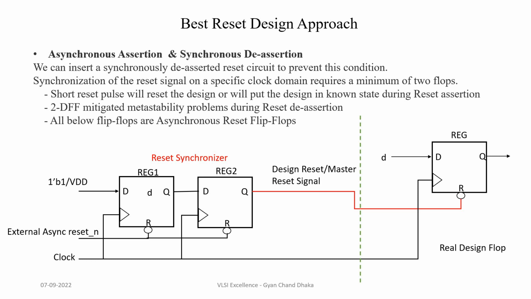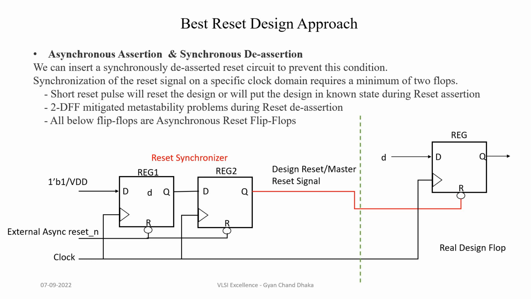So the reset is expected to be asynchronous, applied to all of the design flip-flops so the design gets to a known state. So asynchronous reset assertion is always preferred. Then the problem with asynchronous reset is during the deassertion of the reset. During deassertion, the flip-flop can go into a metastable state. So here we want the reset signal to be synchronized.